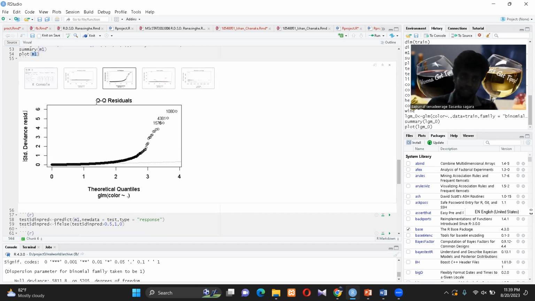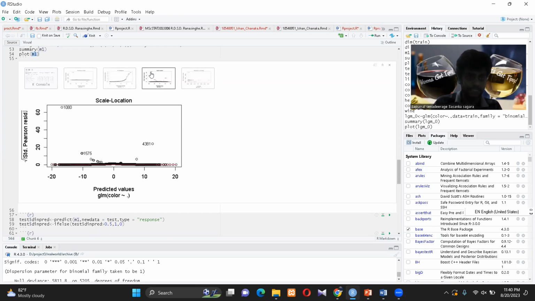We assume that all these residuals must be normal, right? But in logistic regression, due to some reasons, it can be changed a little bit, right? But in linear regression, it must be like that. But here you can see there is a deviation between this dotted line and these points. Some of these points are deviated, right? It means that these residuals are not normally distributed regarding these points, right?